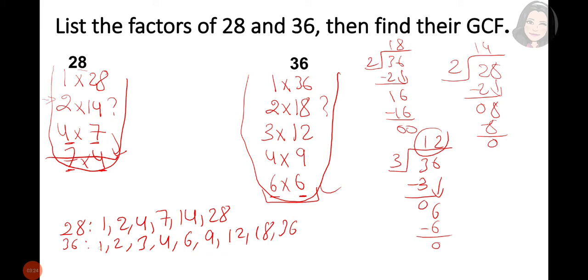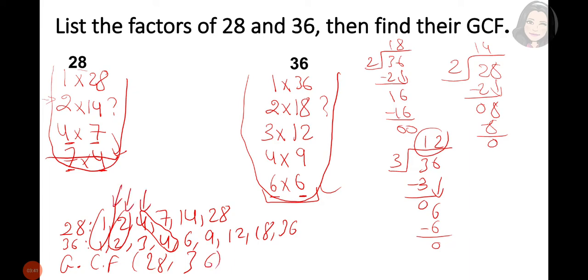Then let's circle the common digits. 1 is common, 2 is common, the number 4 is common, and we have nothing else in common. So we stop and we write that the greatest common factor of the numbers 28 and 36 is the greatest among these common factors, which is the 4.